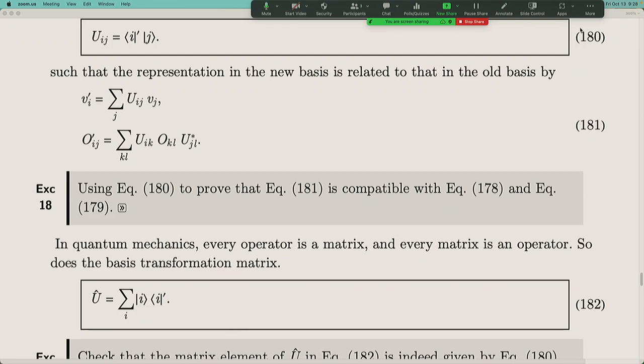And what this operator tells us is basically: go and find any ith basis state in the prime basis, and then transform it into the ith basis state in the no-prime basis, right? So you are going from one coordinate system to another. What you need to do is find every prime, for example transforming from this dashed one to this solid one. Go find 1 prime and bring it to 1, and find 2 prime and bring it to 2.